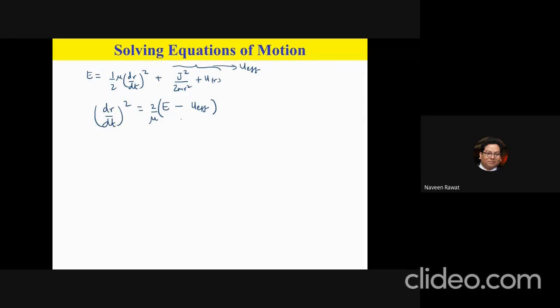All right, and now dr by dt is just going to be the square root of this value. Okay, so it will be 2 by mu, and I will get E minus U effective. Now if I want to find the value for r, all I have to do is integrate this.